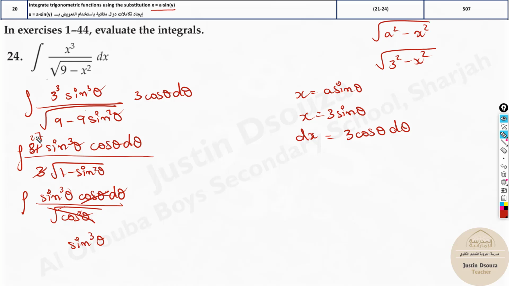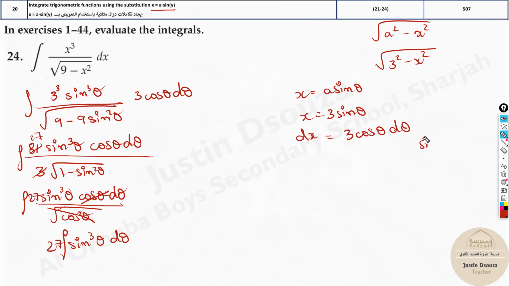But oh, I just remembered this 27 I have not written out over here. So it's 27. That's the constant, so I can take it out. Sine cube theta d theta. Is there any formula to solve the integral of sine cube theta? No. But there is a formula for sine cube theta. I'll write it out over here.